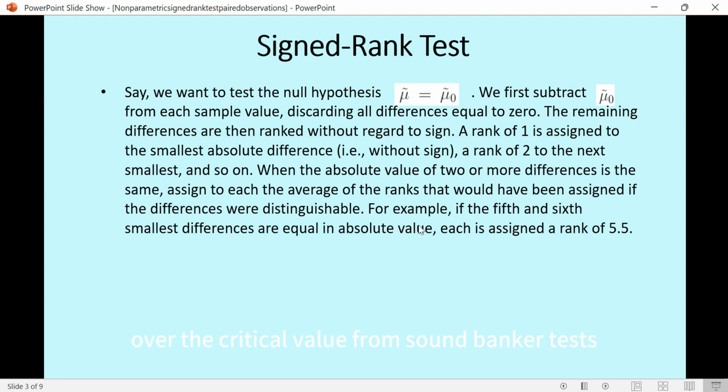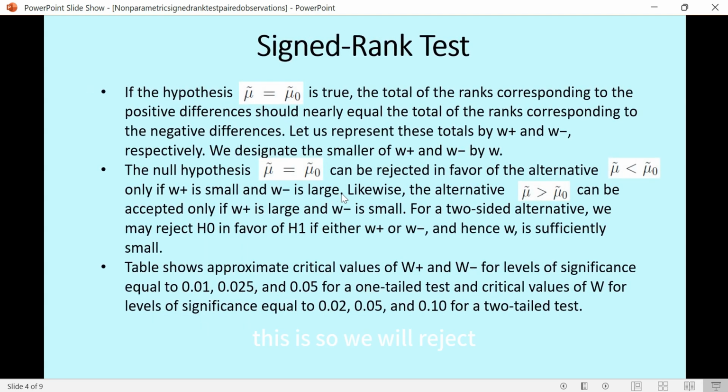or below the critical value from the signed rank table, we will reject. For example, if the null hypothesis is mu equals this specified value, H0 can be rejected if the positive side of the rank sum is too small.